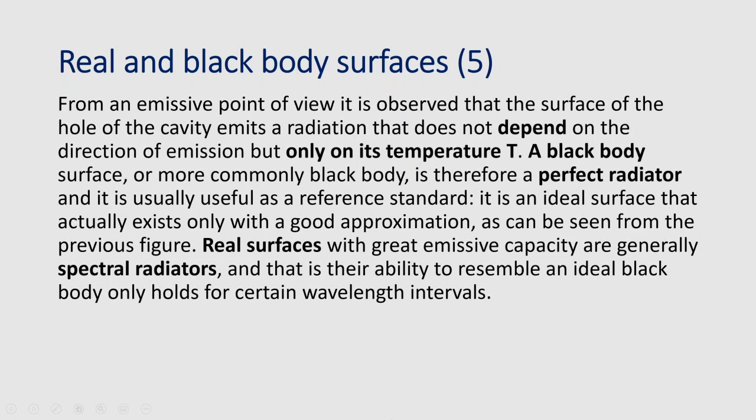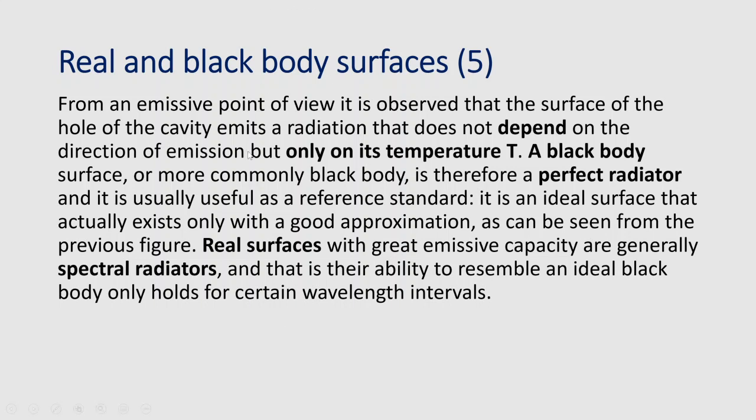So the only way to solve this problem, and they realized that suddenly, was: why not use a black body? And then, if we succeed in formalizing a general emission law for a black body, we will then have the task to generalize to all the other bodies. But as mentioned before, black bodies are not present in the real world, and so they use this radiant cavity in order to simulate the black body.